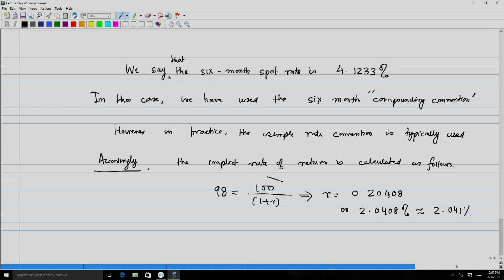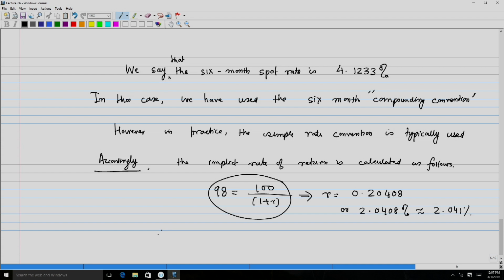Now, from the formula it is obvious that this is the interest rate that is applicable for 6 months. Now, if you are going to convert this into an annualized rate using the simple interest convention, then you simply multiply the interest rate of 6 months by a factor of 2, so that it gives you an equivalent annual interest rate.